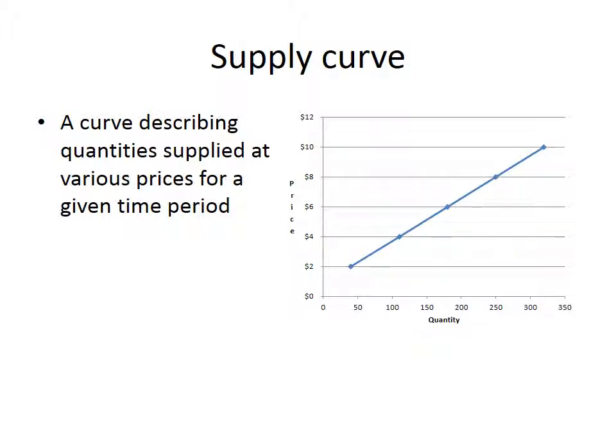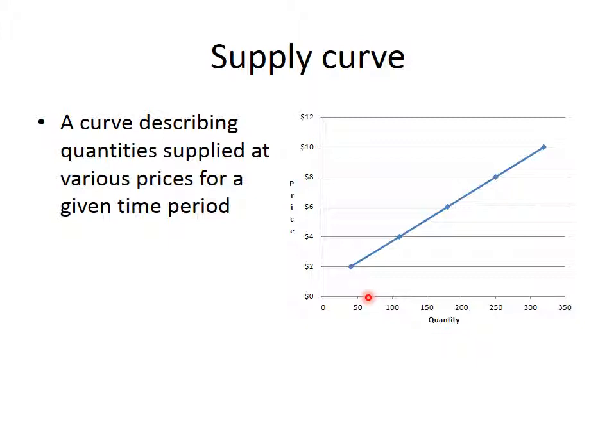As we did with demand, we can model this supply schedule in a supply curve. Now again, we are going to be dealing with a linear supply curve. In the upper levels of economics, microeconomics specifically, we'll deal with curvilinear and nonlinear functions of supply. Here, we're just building a baseline model, so we'll deal with only the linear version.